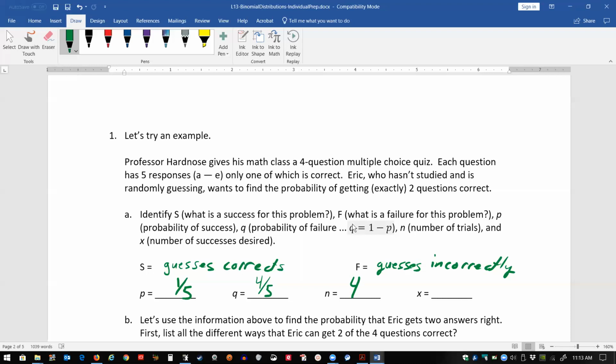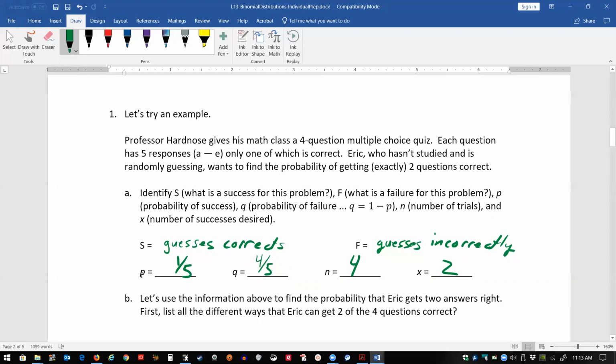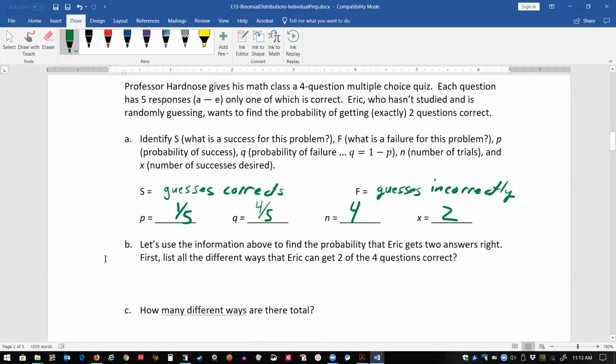So we want to see the probability of Eric guessing exactly 2 of these questions correctly. So the X is 2. Make sense how we got all those numbers? Now we've explained here what each of those pieces represent, so you can use that as a reference. And so now we're going to put these together to find this probability.